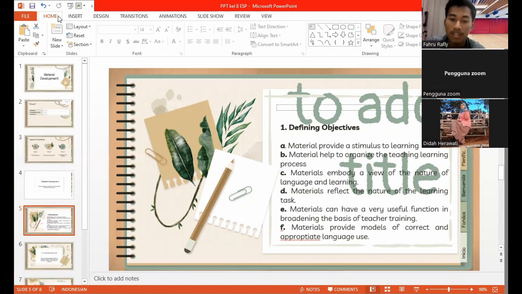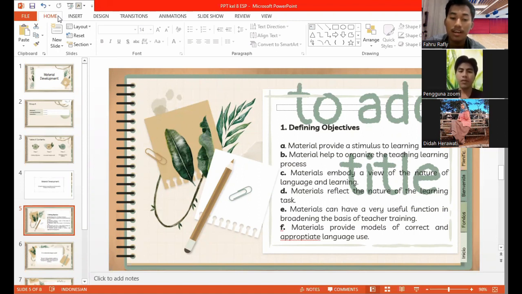First, materials provide a stimulus to learning. B, materials help to organize the teaching learning process. C, materials embody a view of the nature of language and learning. D, materials reflect the nature of the learning tasks. E, materials can have a very useful function in broadening the basis of teacher training.